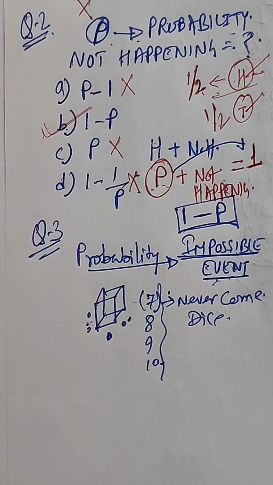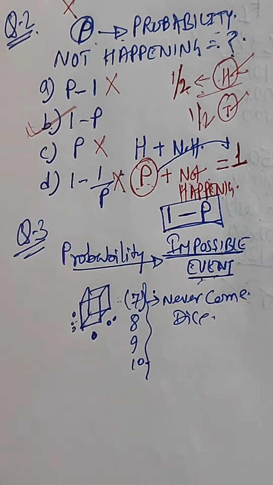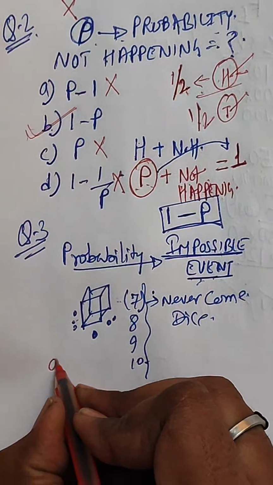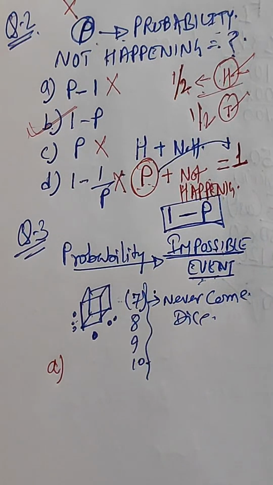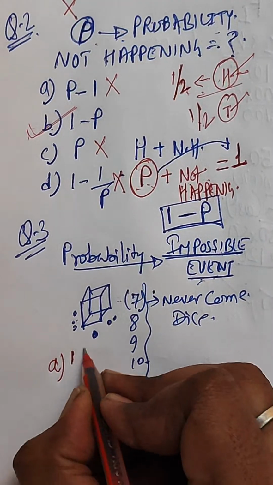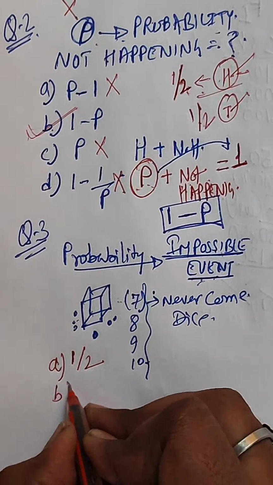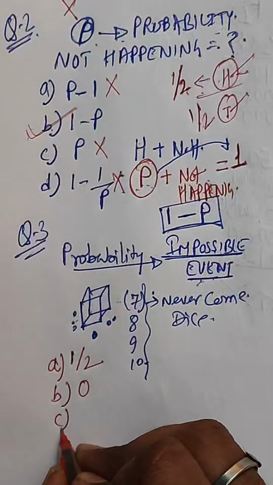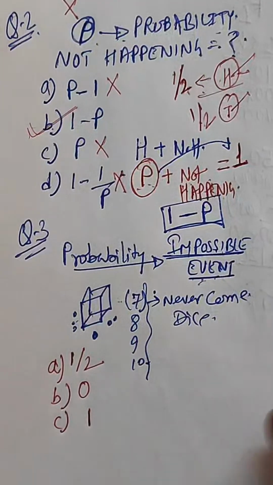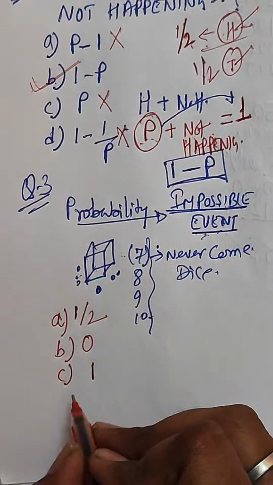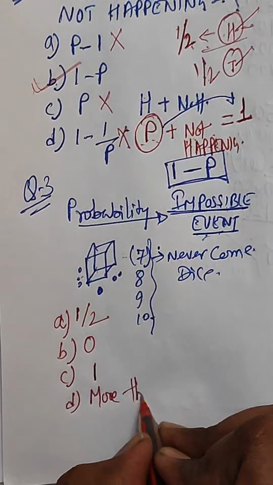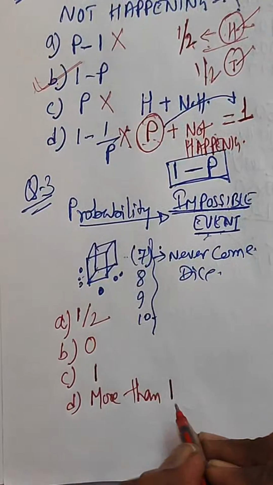So the question is, what is the probability of an impossible event, when the four options given to you are: one is 1 by 2, another is 0, the third option is 1, and the fourth option is more than 1.